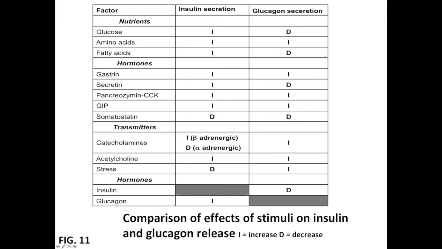Acetylcholine would increase the secretion of both, and stress generally decreases insulin secretion but increases glucagon secretion, again reinforcing epinephrine's role.